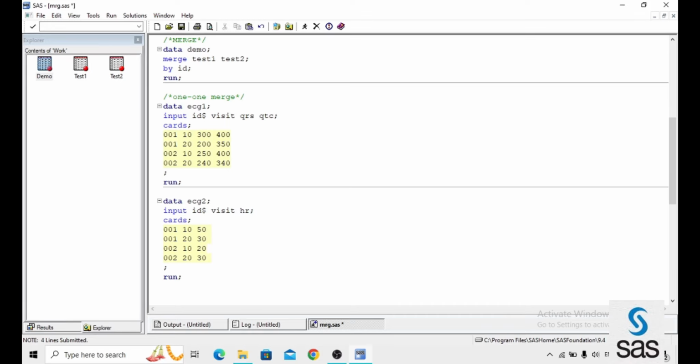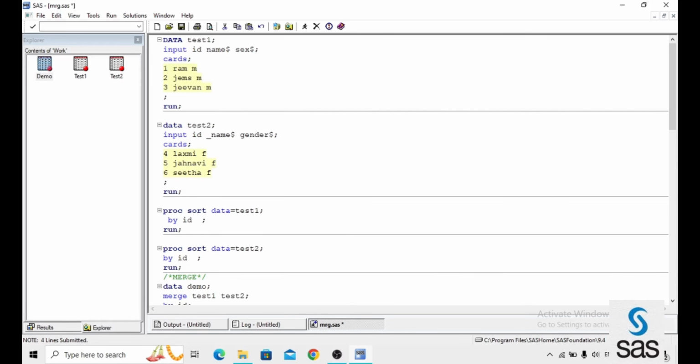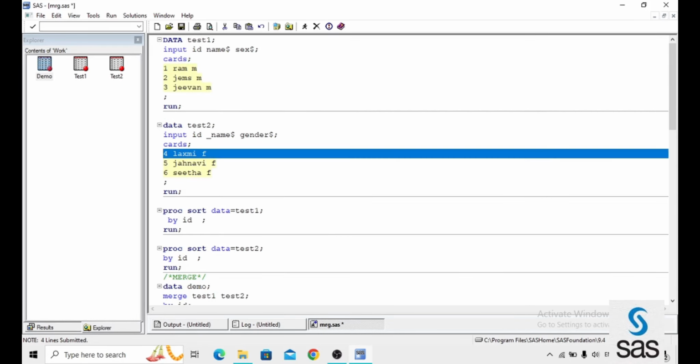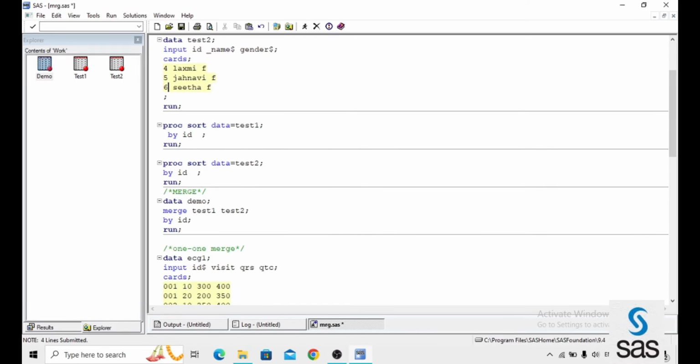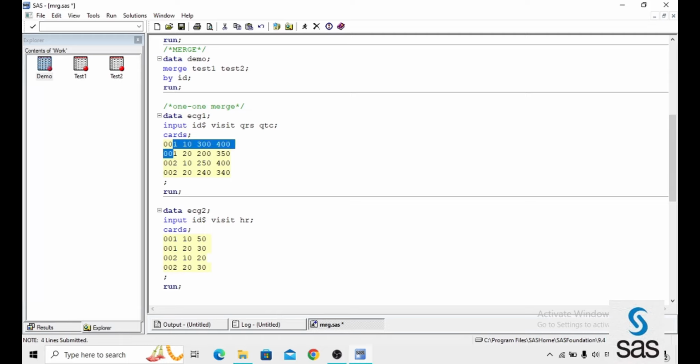If you observe here, in ID there is 0101 and in the other also 0101, and here 0202, here 0202. But previously 1, 2, 3, 4, 5, 6, there was no common observation in the common variable. But now we have common observations in the common variable.